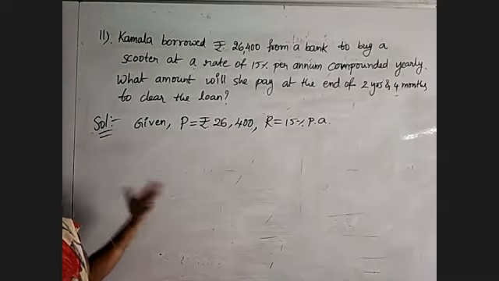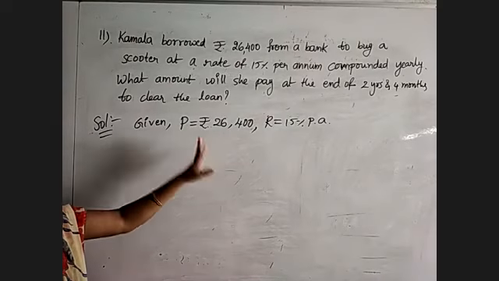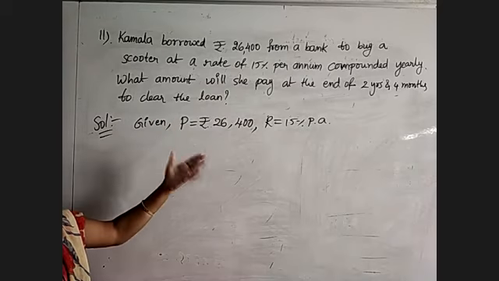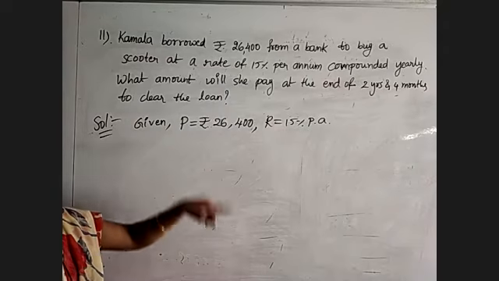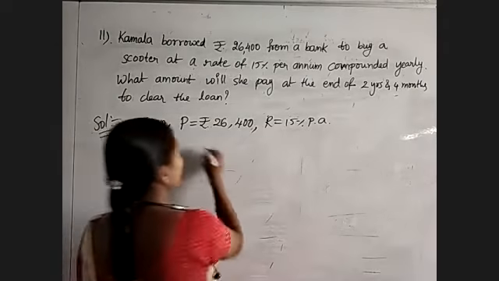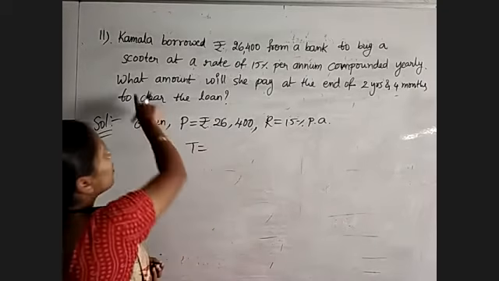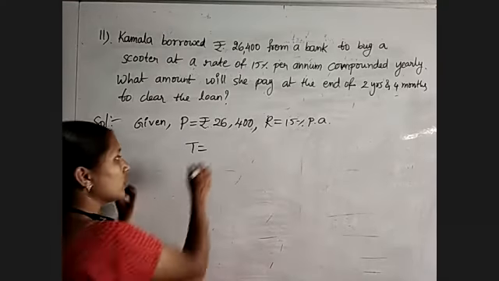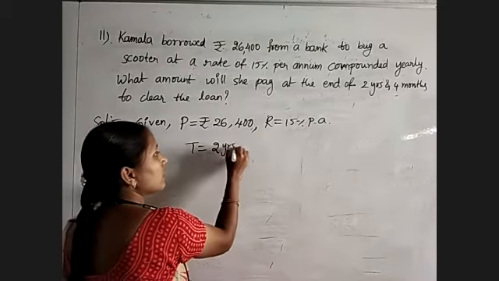Yearly is nothing but annually only, which means the rate of interest is 15% itself. And the time is the same, the number of conversion periods is equal to time. Here the time is 2 years, 4 months.